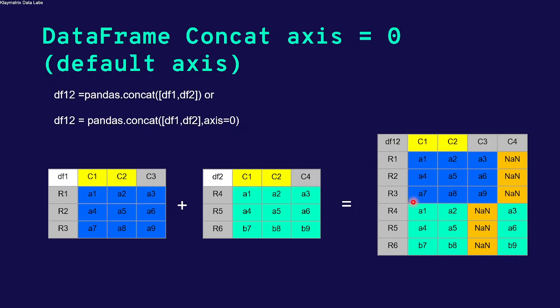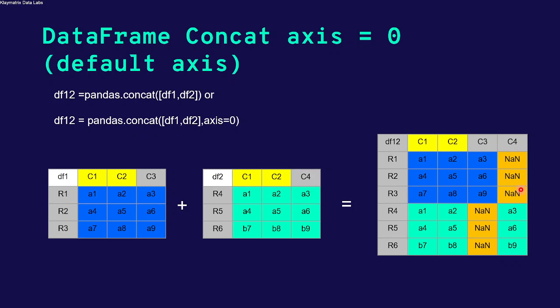Now if you note, the output df12, which is a data frame again, contains the common columns C1 and C2, and rows are being put one over the other, stacked in a way. And for the ones which do not match, like C4 is missing in df1, so there is no value corresponding to that, and when there is no value, it comes out as NaN.